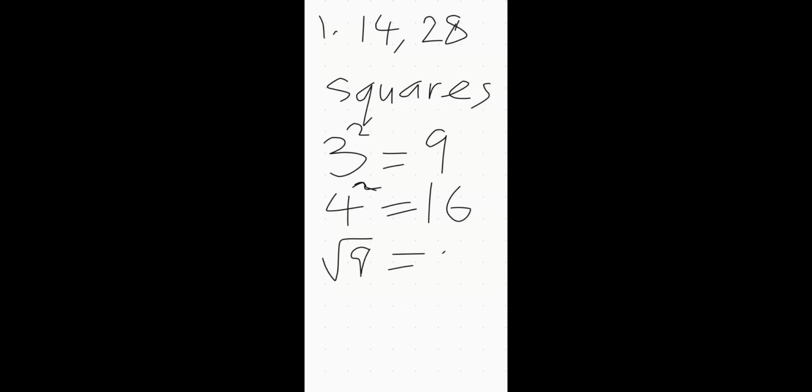Why is it 3? Because 3 times 3 is 9. Yes. So in other words, the square root is that number that when you multiply it by itself, gives you the number whose square root you are looking for, isn't it? Yes.